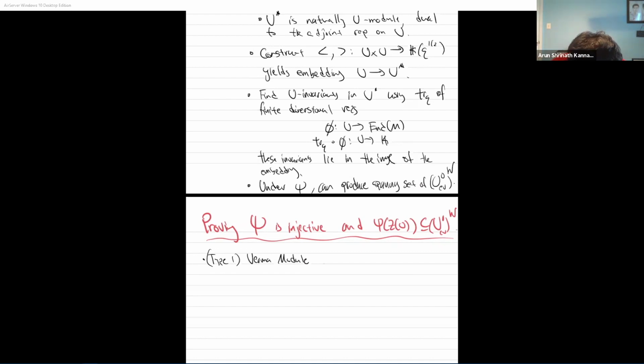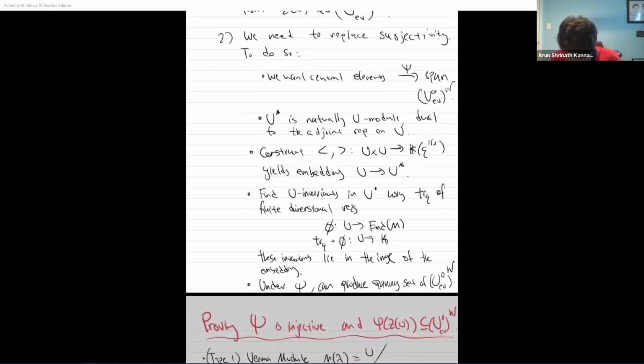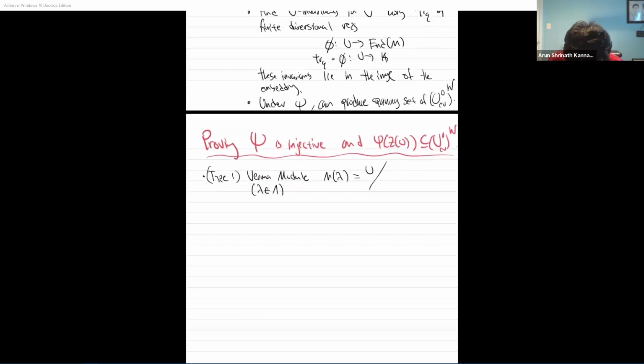So we have this type 1 Verma module, M of lambda, where lambda is in the weight lattice. You can define it just as you do for the algebra.